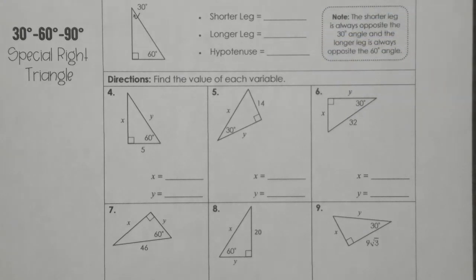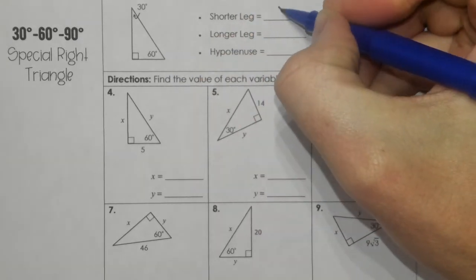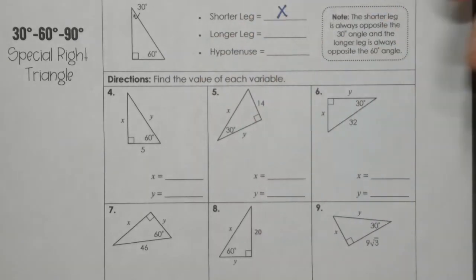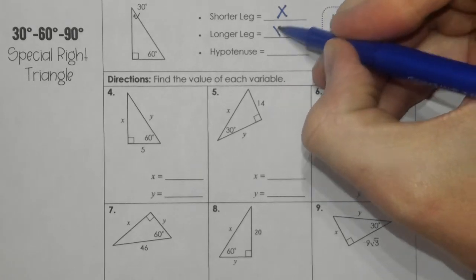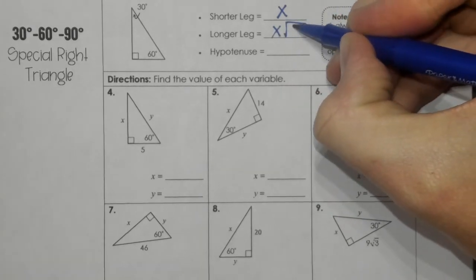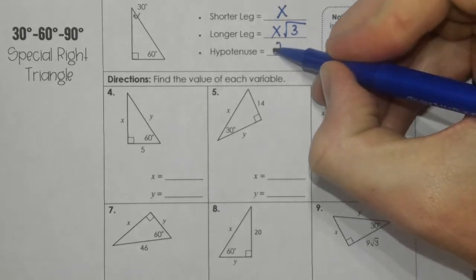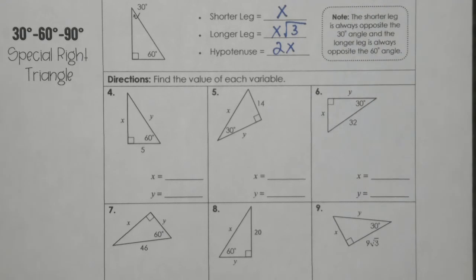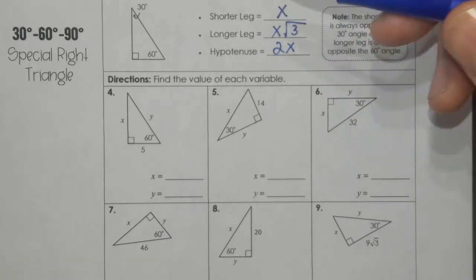So it's similar to the 45, 45, 90, but a little bit different. Here we can think of the short leg as x, so there's always going to be a short leg and a long leg. The long leg is x times the square root of 3, and the hypotenuse is always going to be 2x. Okay, so the hypotenuse is always double whatever the short leg is.